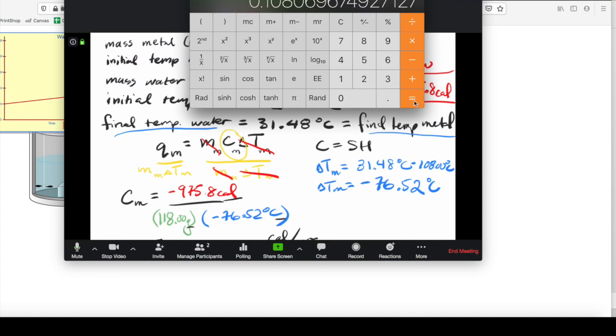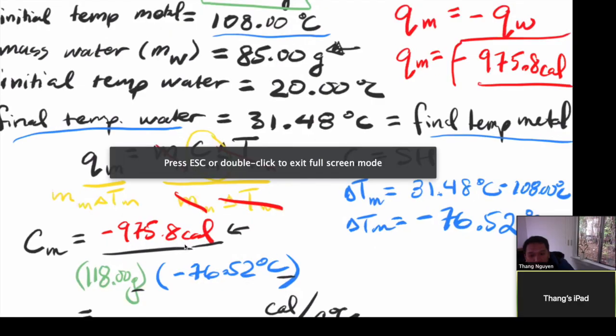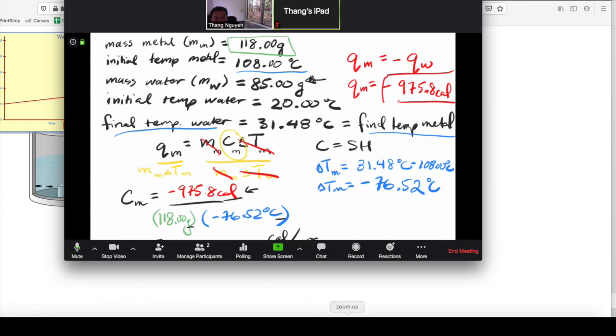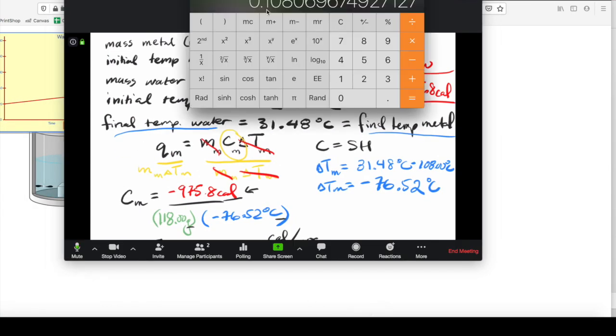Remember, this number had only 3 sig figs in it. This has 5. This has 4. So the answer again must be 3 sig figs. 3 sig figs would be 1, 2, 3.